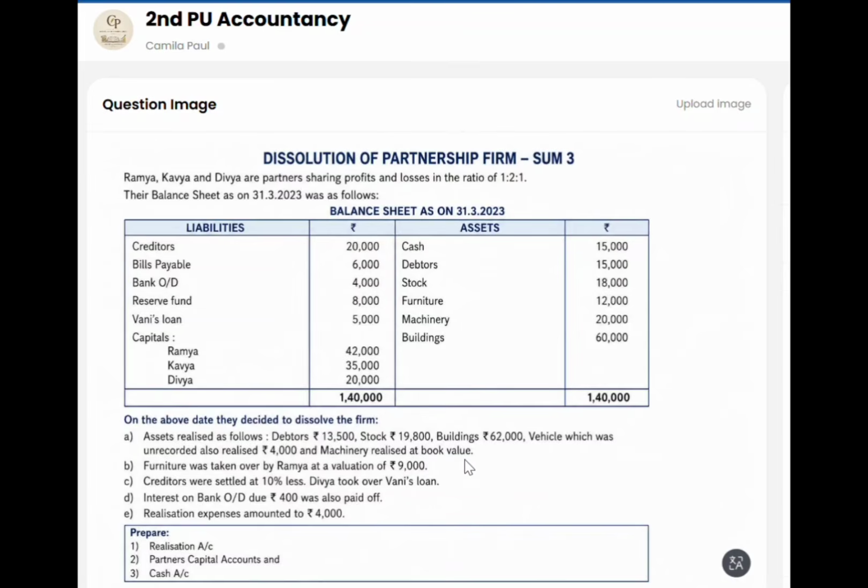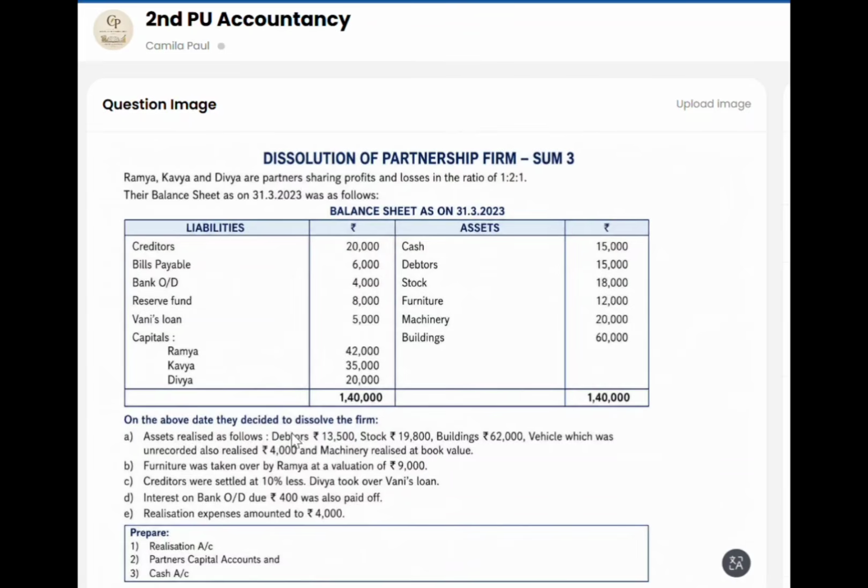When it says book value, it is the same value as given in the balance sheet. So these are the assets that are realized, which will appear on the credit side of the realization account under the cash account.